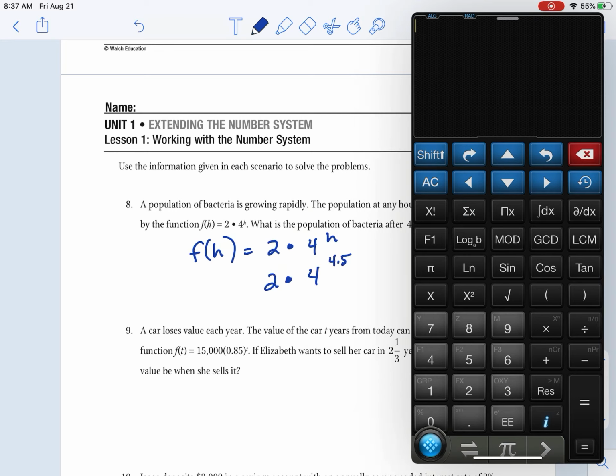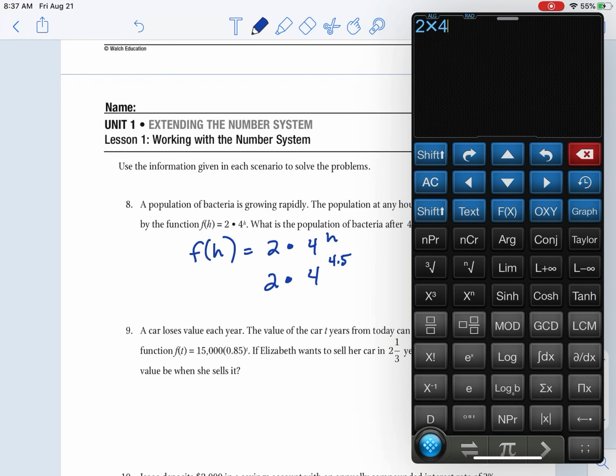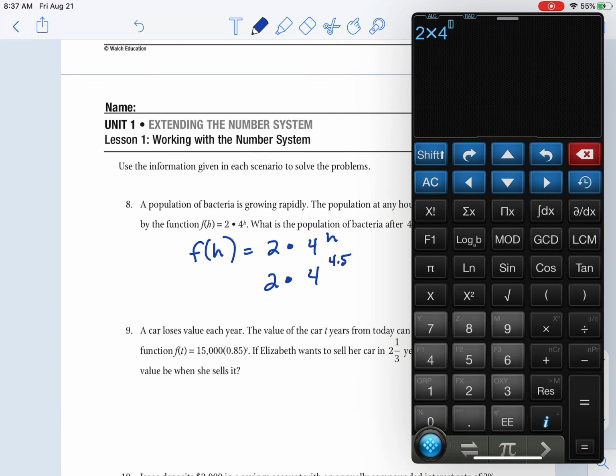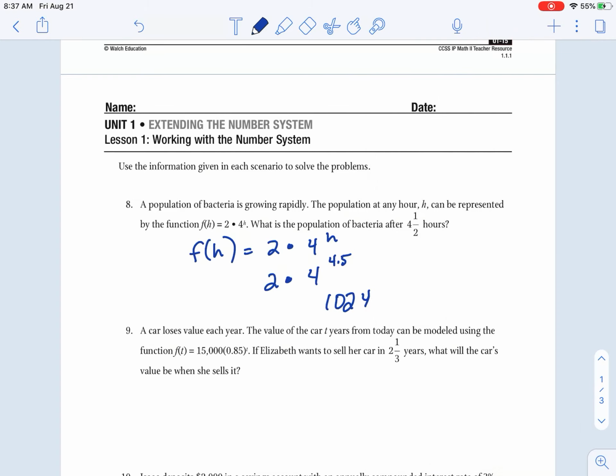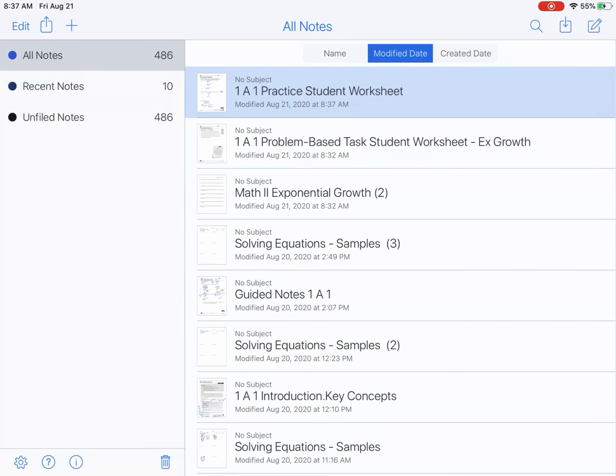Just type it in exactly the way you see. 2 times 4 to the 4.5. Exactly the way you see it. Now, it's a word question, so I need a word answer. Bacteria.